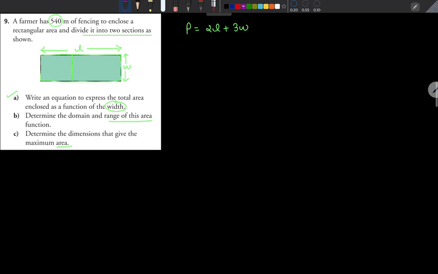That means 2L plus 3W is equal to 540 meters.